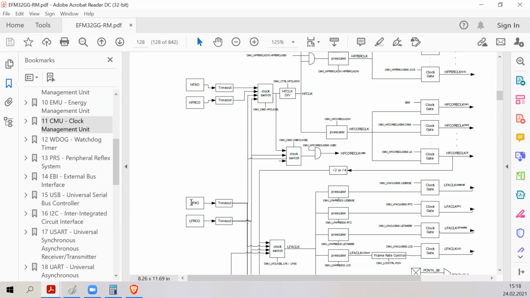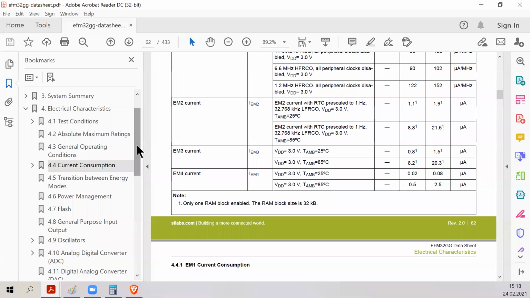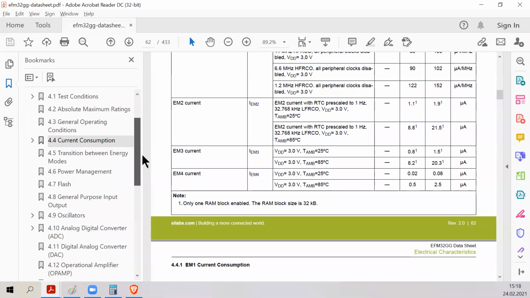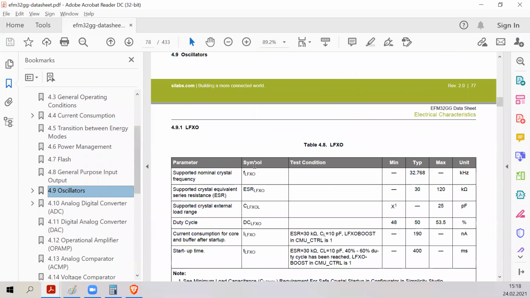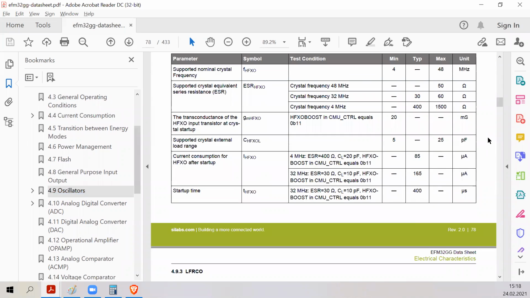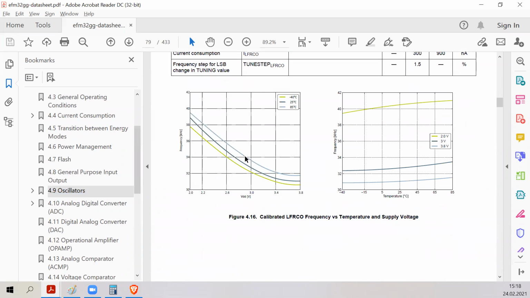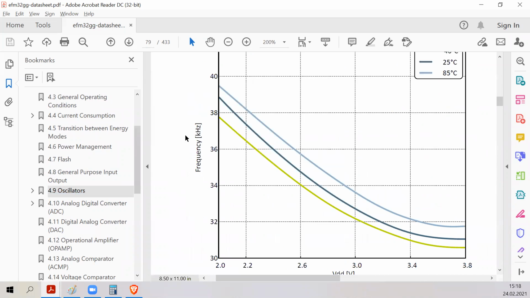So why do we have these external oscillators available? And the reason is the following. We need to check out the precision of built-in oscillators. For the low frequency oscillator that is built into the microcontroller, the best place to look is right this graph.